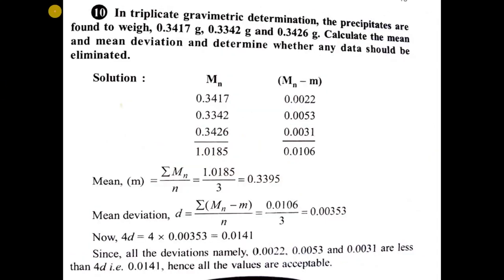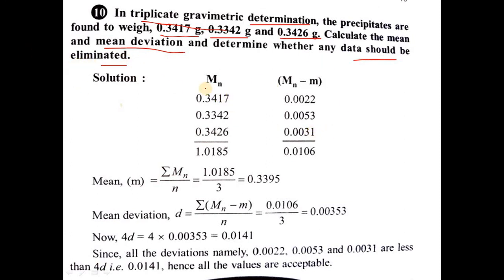And in the last problem we will see, in a triplicate gravimetric determination, the precipitates are found to weigh: first weight 0.3417 gram, 0.3342 gram and 0.3426 gram. Then calculate the mean deviation and determine whether any data should be eliminated.